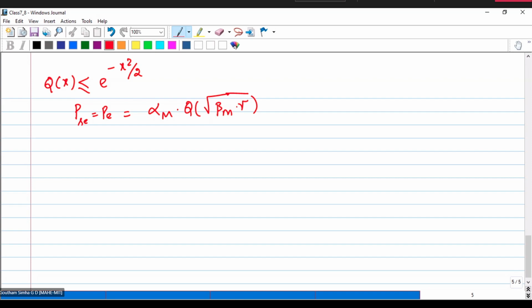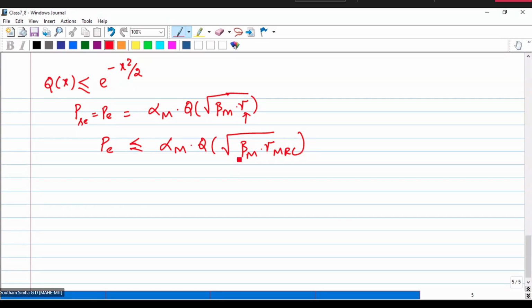These results can be upper bounded. The probability of symbol error is always less than or equal to, based on this Chernoff bound, alpha m into Q of square root of beta m into gamma of MRC.